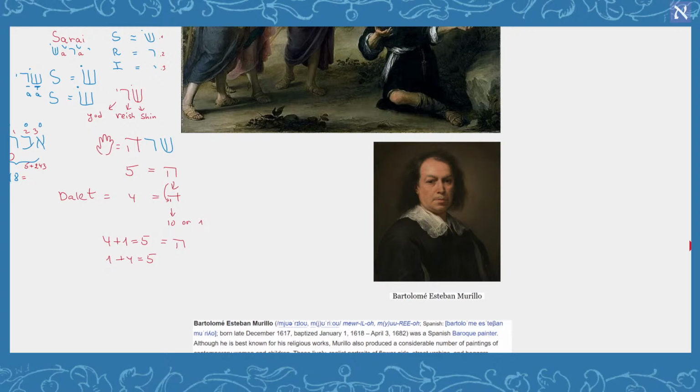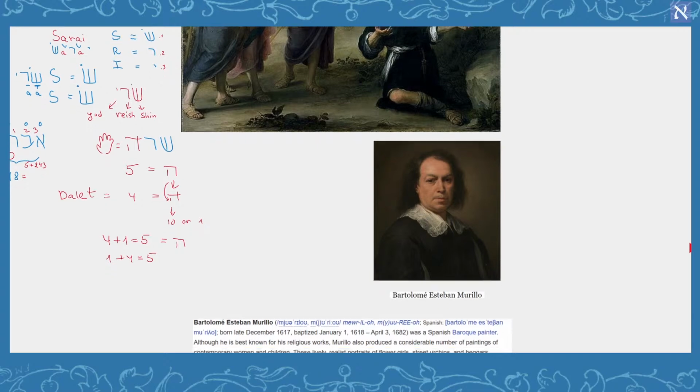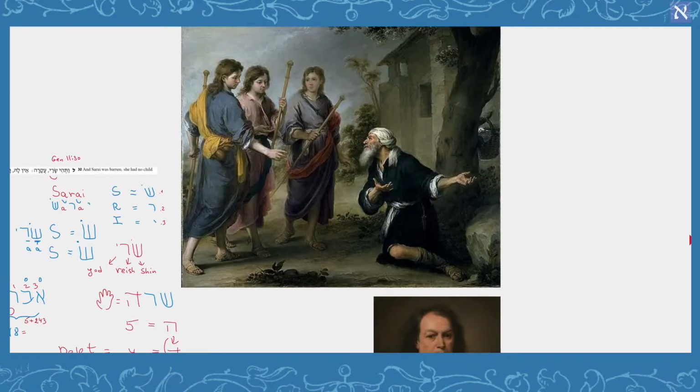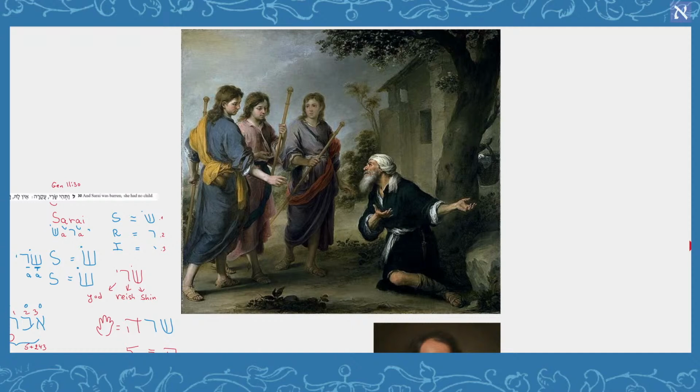This painting is oil on canvas by Bartolomé, a Spanish painter. His name is Bartolomé Esteban Murillo. In the 17th century, he painted a lot of religious scenes.